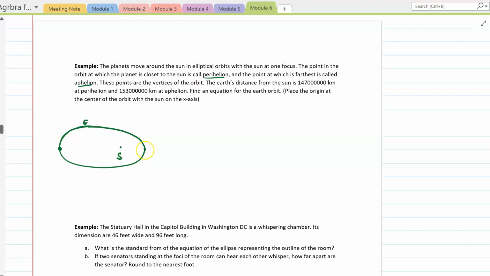So these are the vertices. The Earth distance from the Sun is 147 million kilometers at a perihelion. So it's this distance here. And at the farthest, then it is this distance.